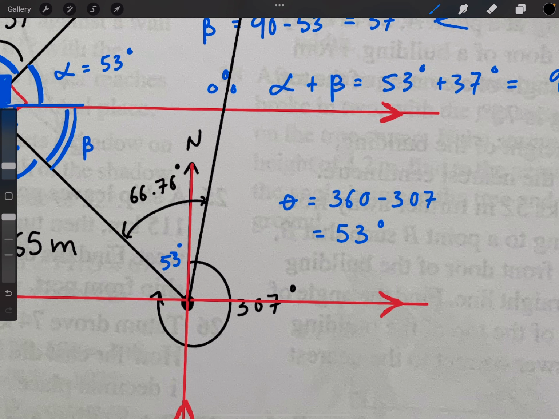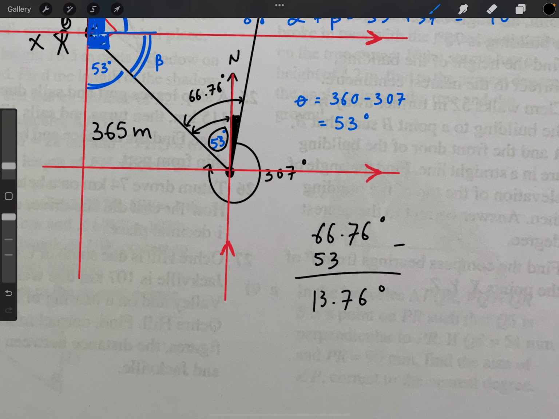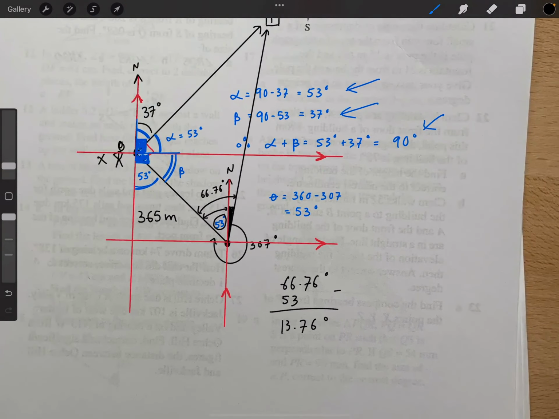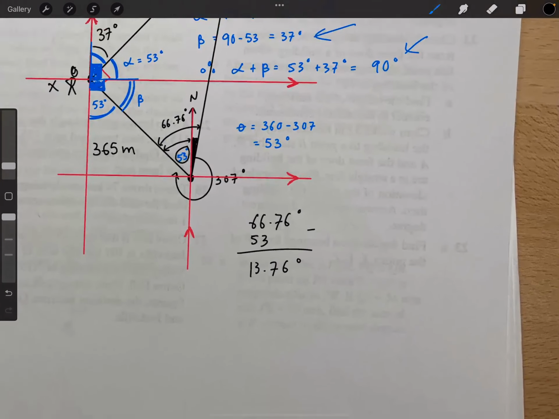But from here to here is 53 degrees. So we need to find this tiny angle that's missing. We say 66.76 degrees minus 53 degrees, and you will get 13.76 degrees, and that will be your true bearing of the tower from point B.